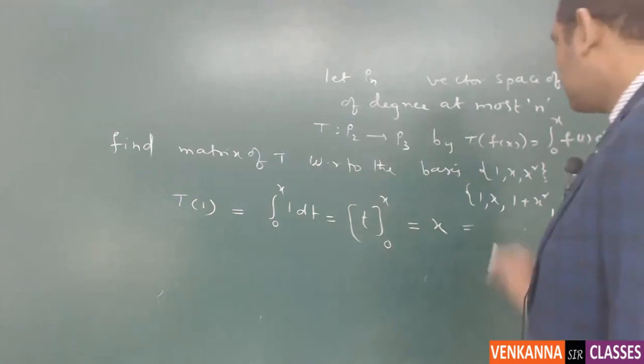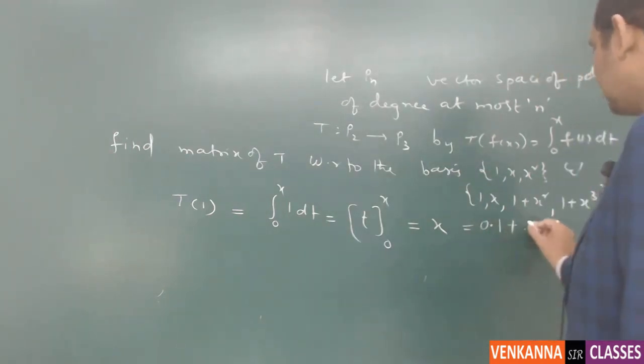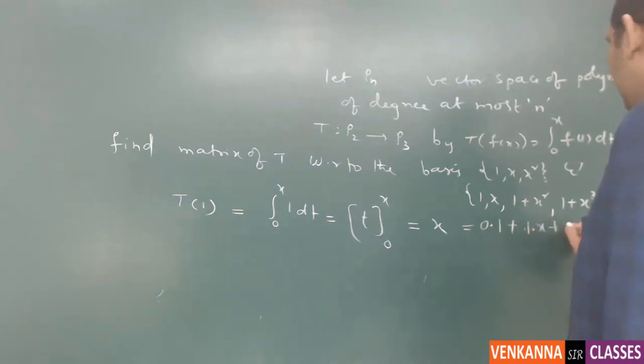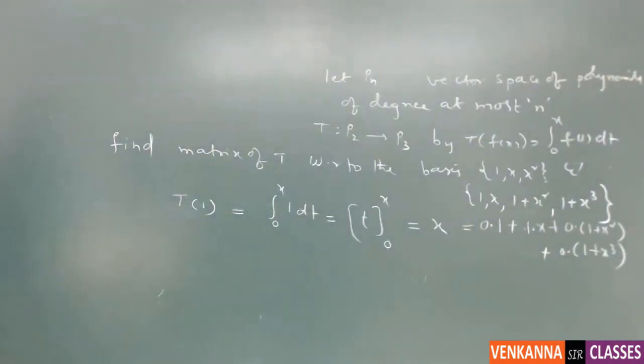It is nothing but 0 into 1 plus 1 into x plus 0 into 1 plus x square plus 0 into 1 plus x cube. Accepted? I need to write a linear combination using the codomain basis for the image.